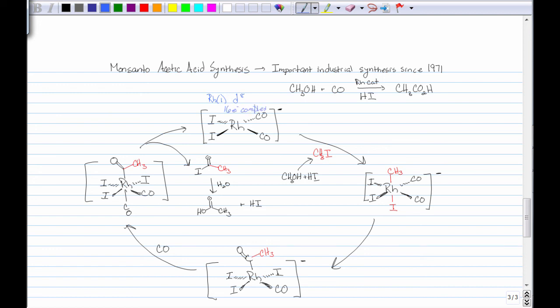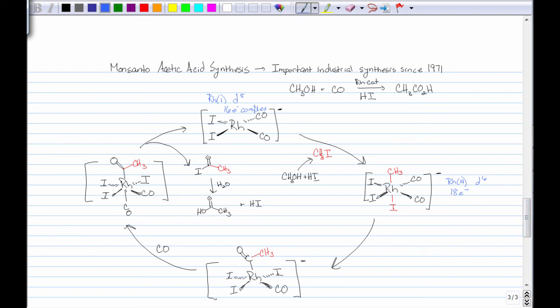In the next metal complex here, I have a rhodium-3, which is D6. And once again, all of these things are 2 electron donors. And so I actually have 2, 4, 6, 8, 10, 12 electrons from each of the bonds. So 6 plus 12 is 18. This is an 18 electron complex.